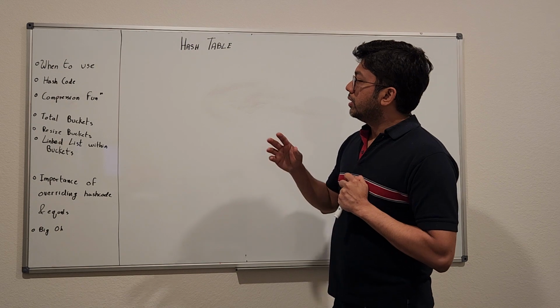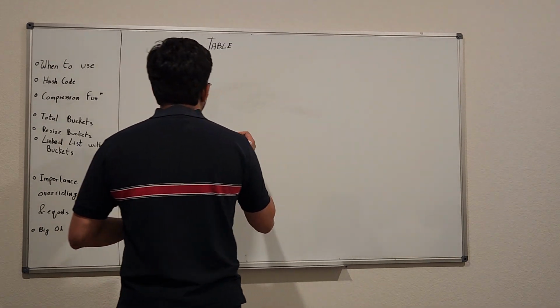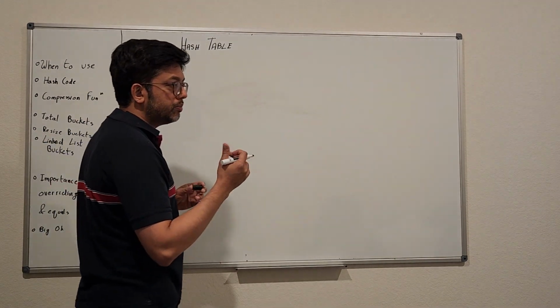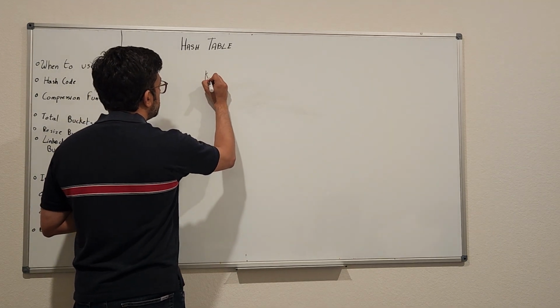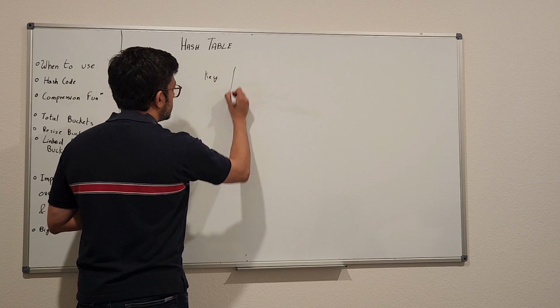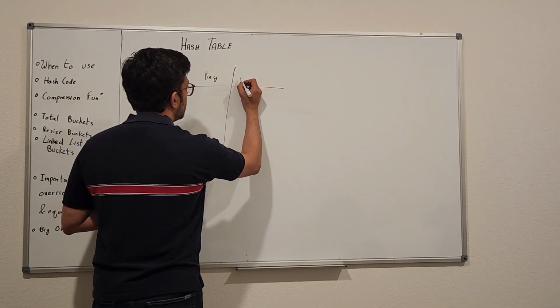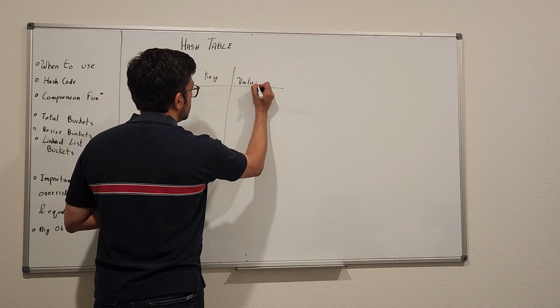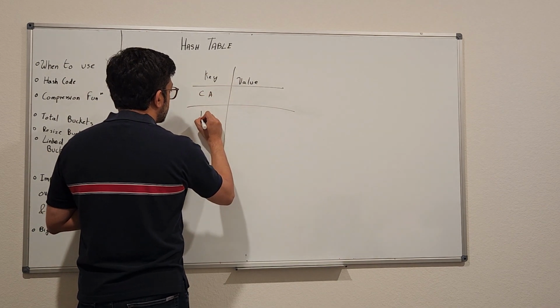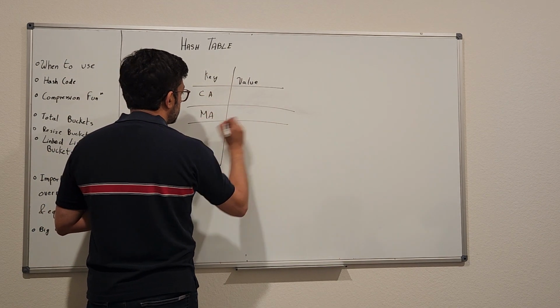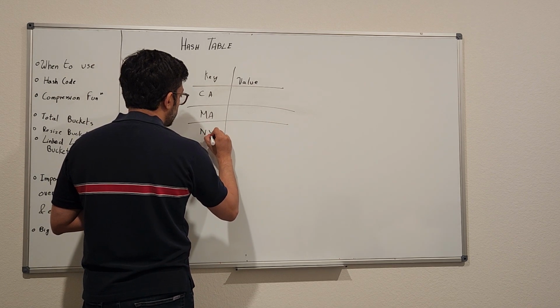So let's see an example of a hash code. Suppose I want to look up states by their abbreviation. My key would be the abbreviation of the state, and the value would be an object that contains the details on the state. Say key will be CA for California, key would be MA for Massachusetts, key would be NY for New York.